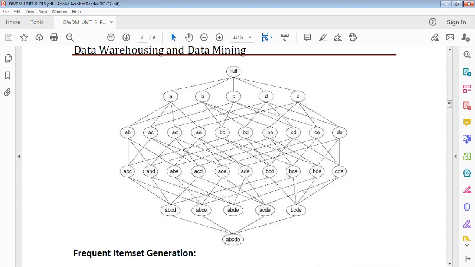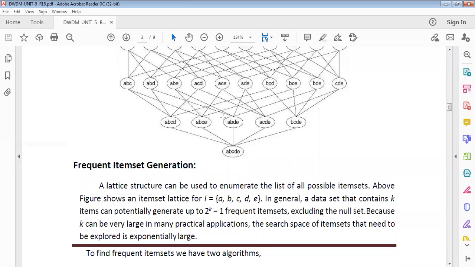You see this diagram. Here we have the purchasing transactions. That is the frequent item generation you have to perform here.